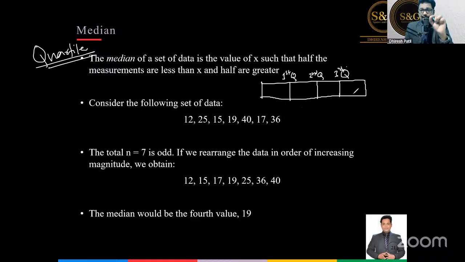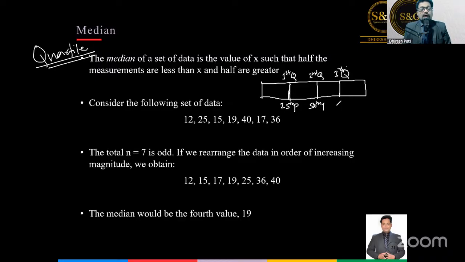Now understand this. Can we say the first quartile is the 25th percentile? Just give me yes or no in the chat box. Can we say the second quartile is the 50th percentile?